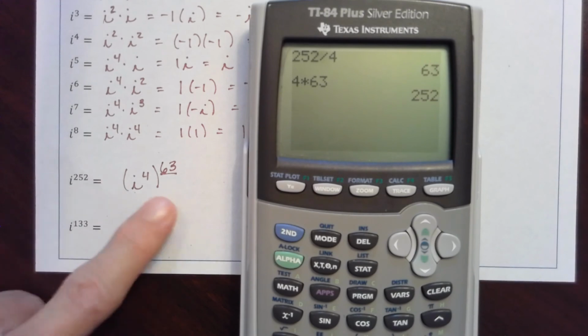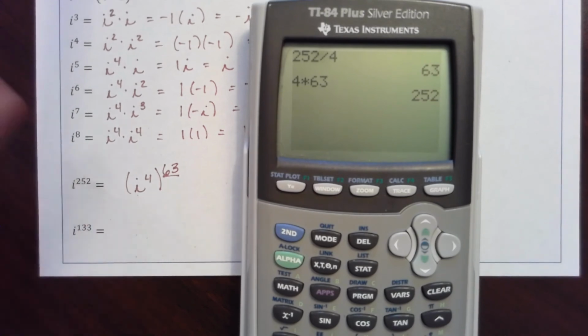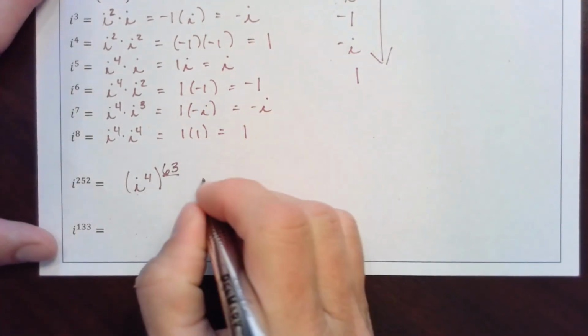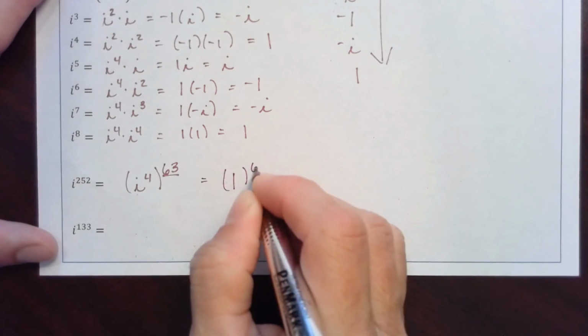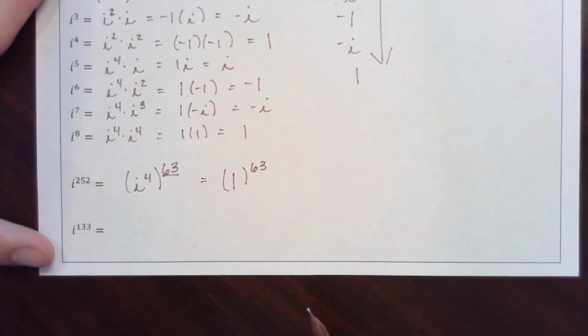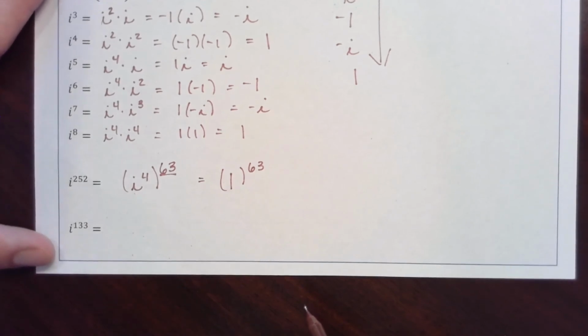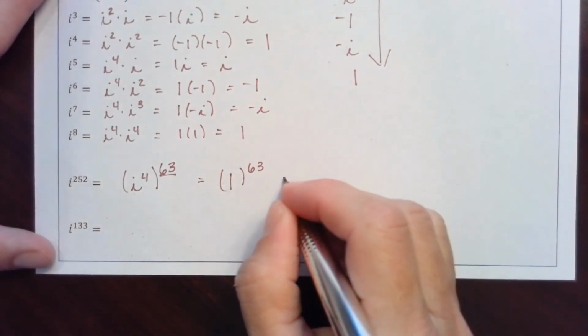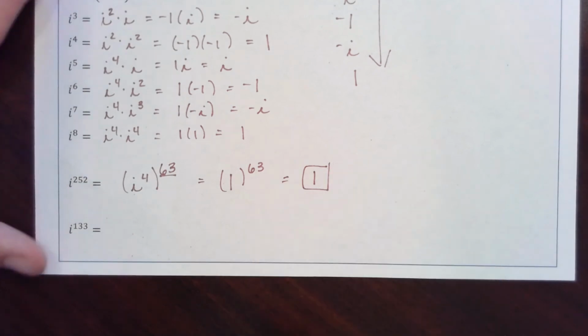So these two expressions mean the same thing. But i to the 4th power is 1. 1 to the 63rd power is 1 times 1 times 1 times 1 times 1, 63 times. That's just 1.